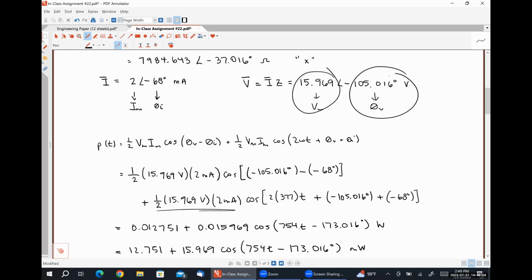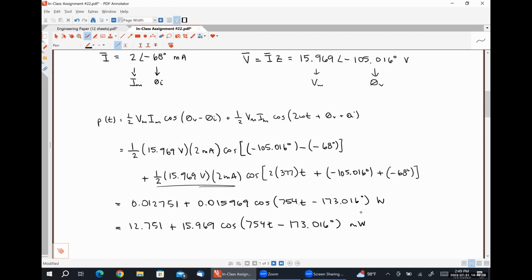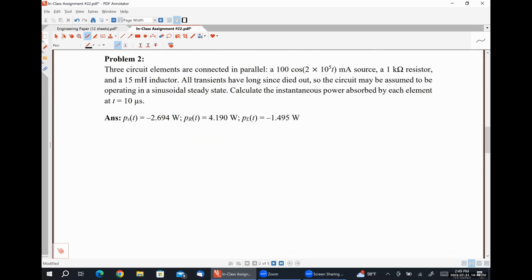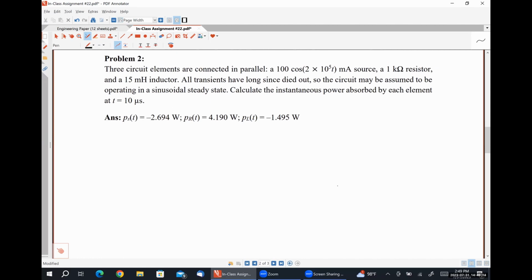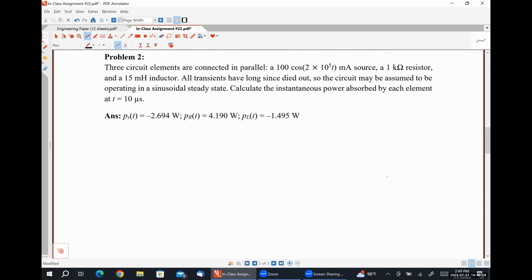Right? So let's look at problem 2. In problem 2, we have 3 circuit elements connected together. A current source, a resistor, and an inductor. So I'm going to draw this out for us.